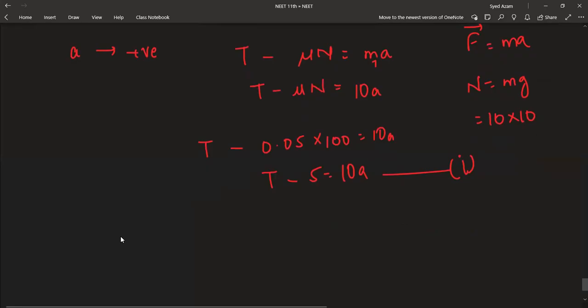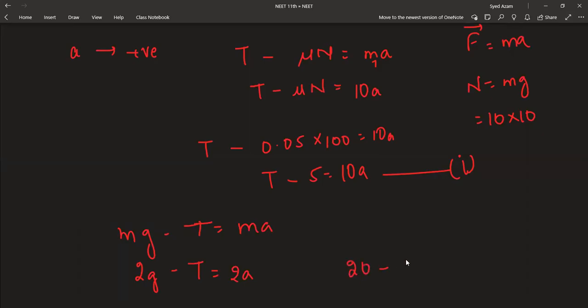So this will be mg minus T, the net force, is equal to ma. Now, mass is 2, so 2g minus T is equal to 2a. So 2g means 20, and the equation becomes 20 minus T is equal to 2a. That becomes the second equation.